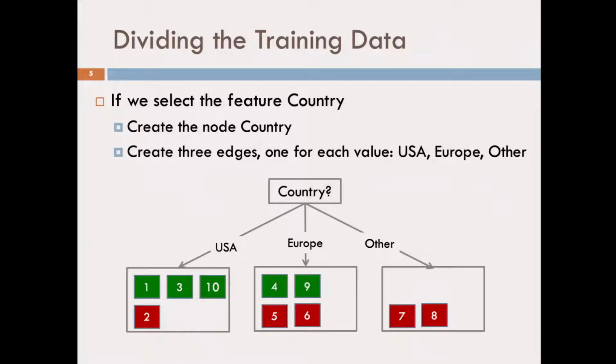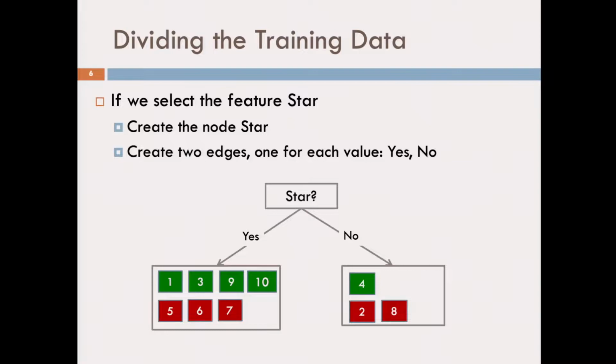So let's see another feature. If we get another feature, for example, star. Okay, star has 2 values, yes and no. So it makes 2 divisions. It makes 2 subsets. If we choose the feature star to divide data, it results in 2 subsets. So if a movie has a star, these are the movies that have stars.